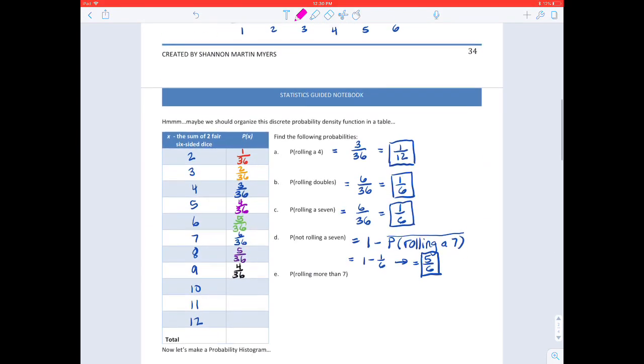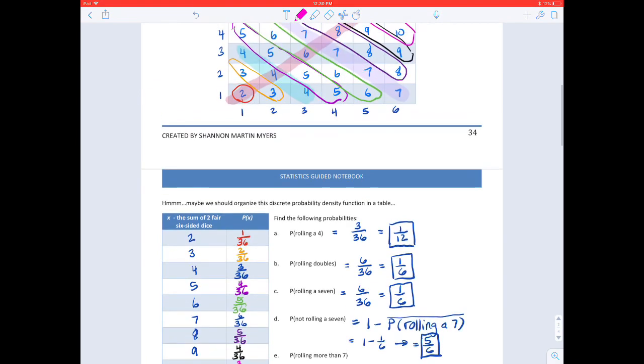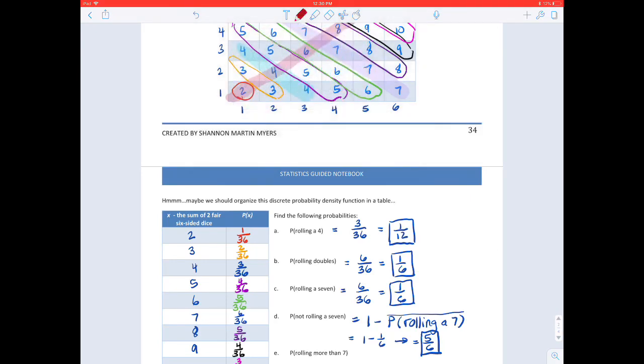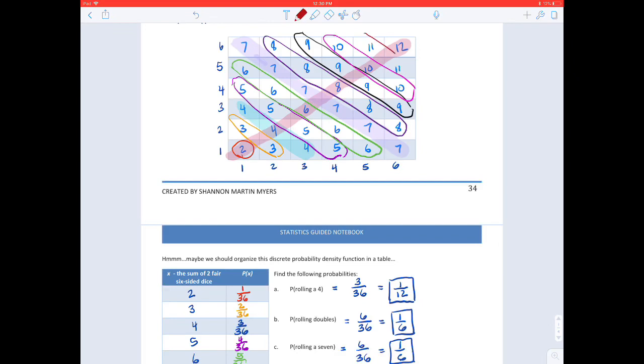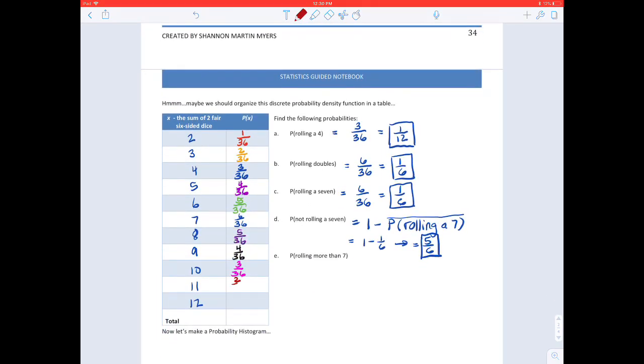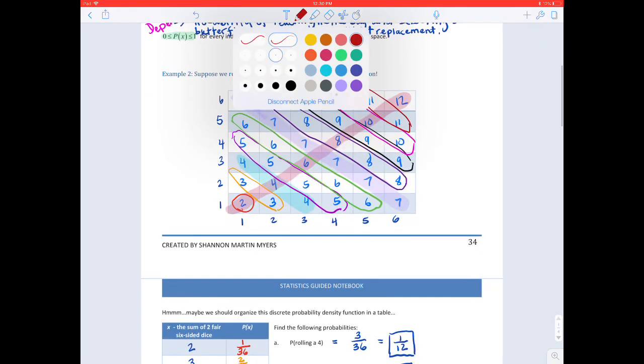We can get a 10 in 3 ways, and we can get an 11 2 ways out of 36, and there's only one way to get a 12.